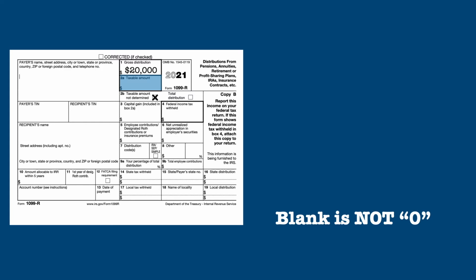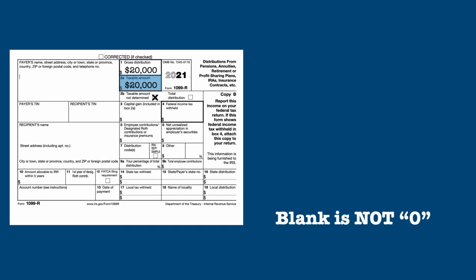It means the payer doesn't know how much of the distribution is taxable. This is usually accompanied by a check mark in box 2B. This may mean you might have to calculate the amount of the distribution that is taxable, which is definitely a lesson for another time. Sometimes you'll see the full amount of the distribution in box 2A, but box 2B will still be checked.